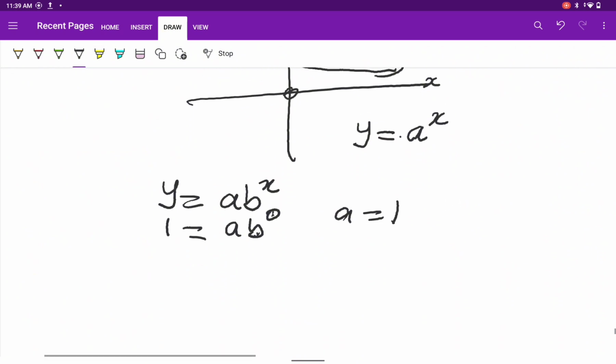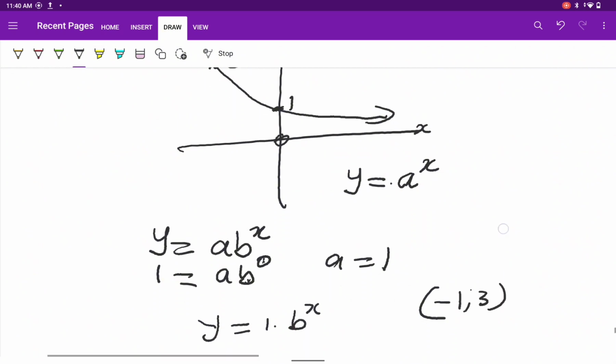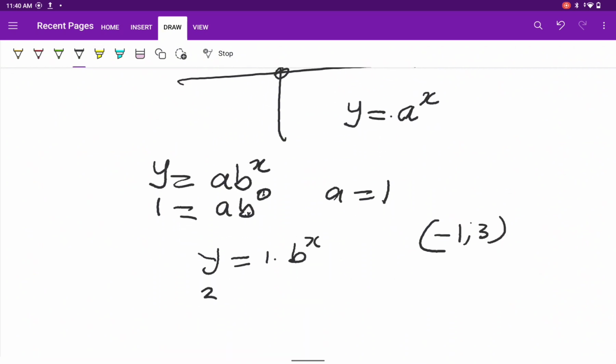Now we write our equation y equals 1 times b to the power x. So now we need to substitute the other point, which is given as -1 and 3. So we substitute it, the y value is 3, the x value is -1.